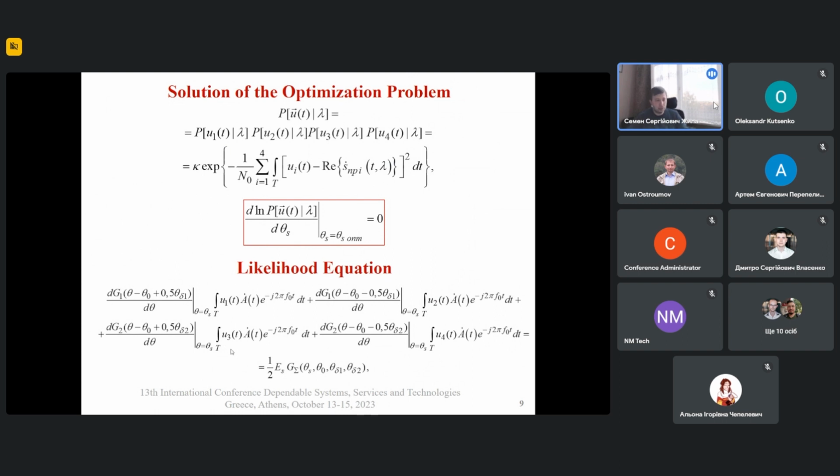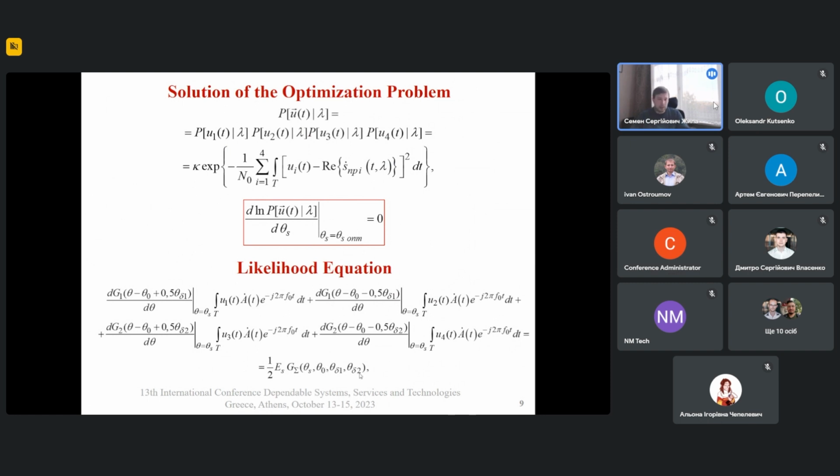On the left side of this likelihood equation, we have the optimal algorithm, and on the right side, we have the discrimination characteristic. And this discrimination characteristic shows us the relation between the output power of our signal processing algorithms and the variation of angles of observation, like theta s.